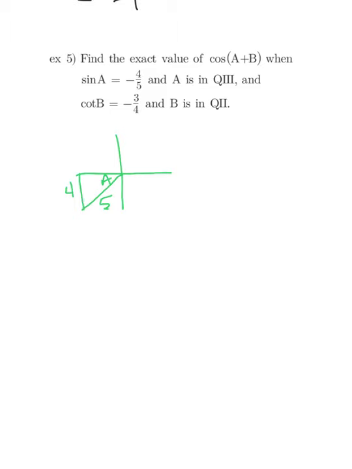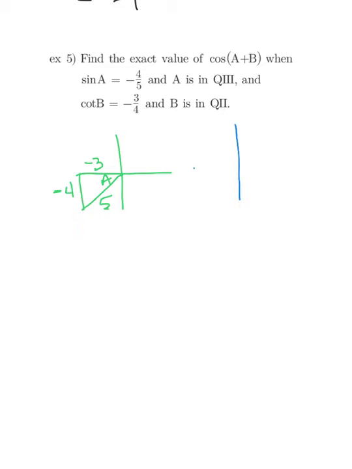And when you are in quadrant 3, y is negative. If you do the Pythagorean theorem and find the x value, it will be 3, and in quadrant 3, x is negative. Now do the same thing for b.